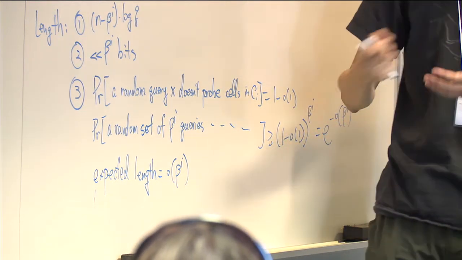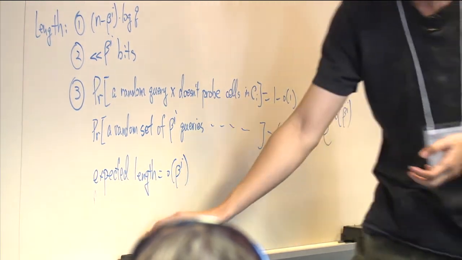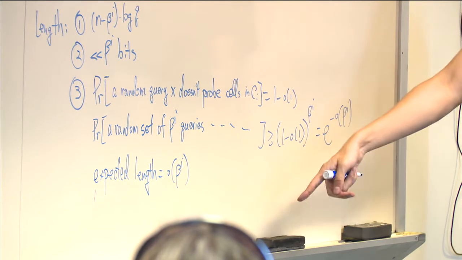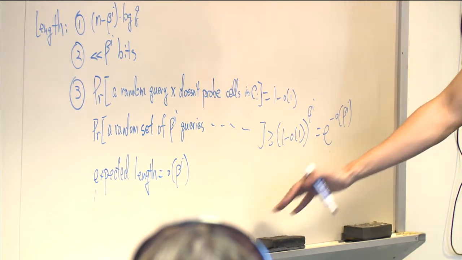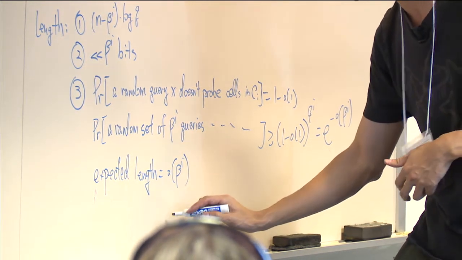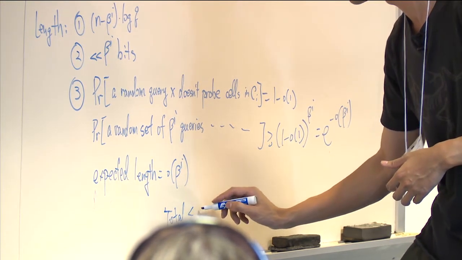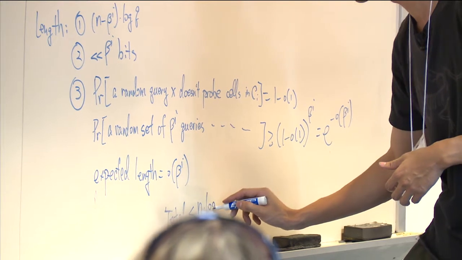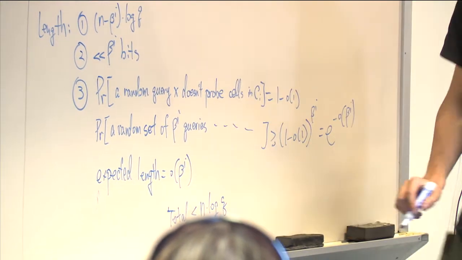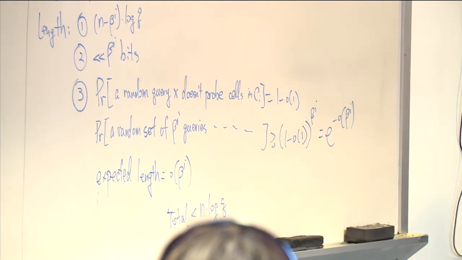And then by writing down its index, it takes much less than beta to the i bits. And then by adding the 3 parts together, the total length is much smaller than n times log q.